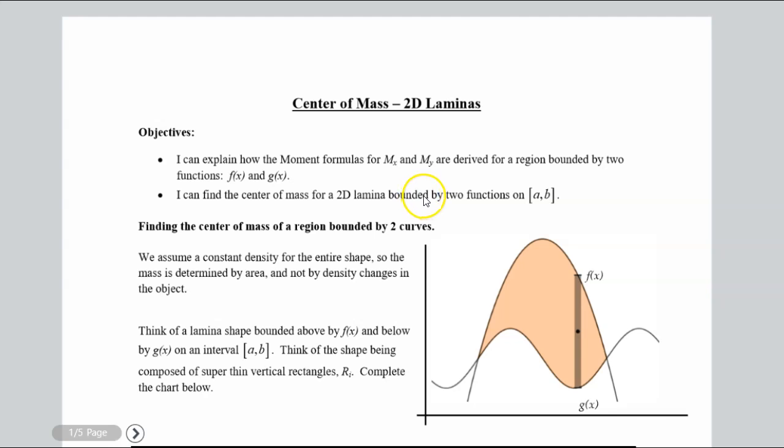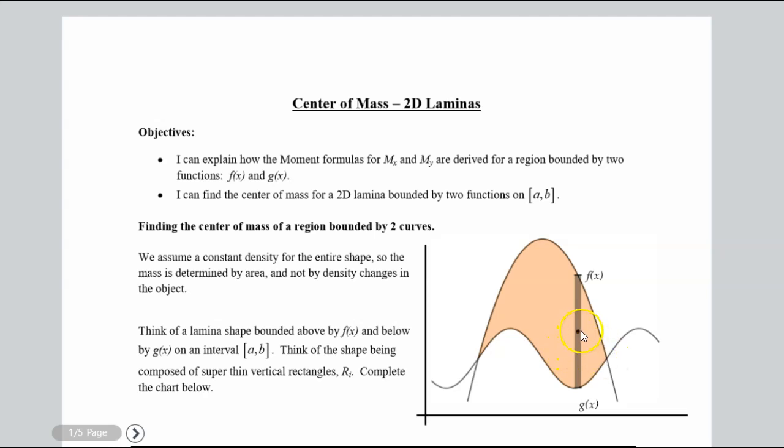This is part 2. In the last video we looked at a shape between two curves and divided it into small thin rectangular pieces, using the ideas from before with the center of mass on composite shapes.